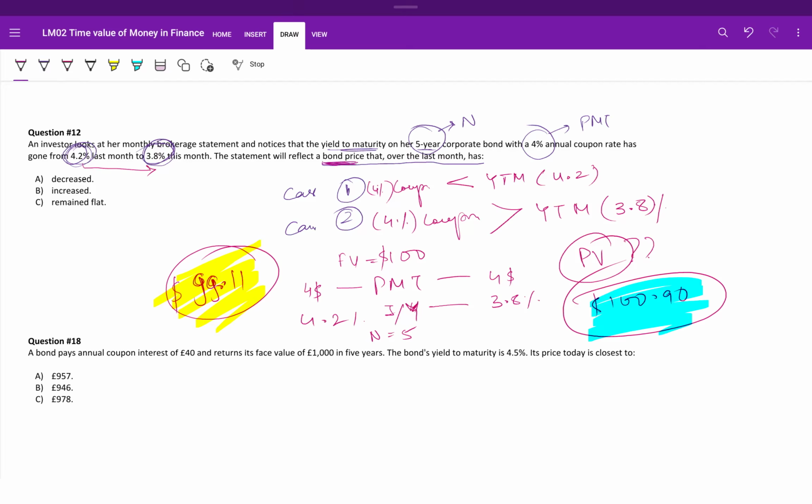Bond price and the bond value, the value of the bond and the price of the bond, these are two different things, and we will discuss this once we study our fixed income subject. So as of now, let's just understand and not confuse ourselves.